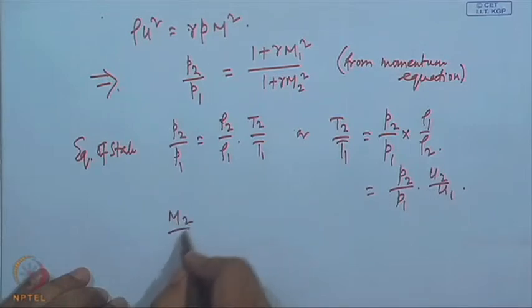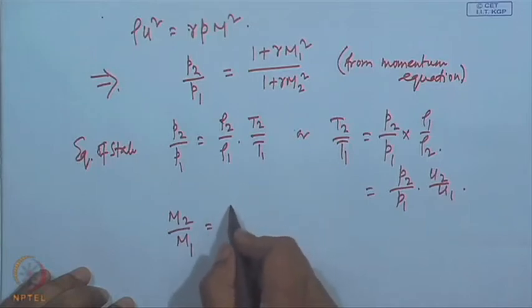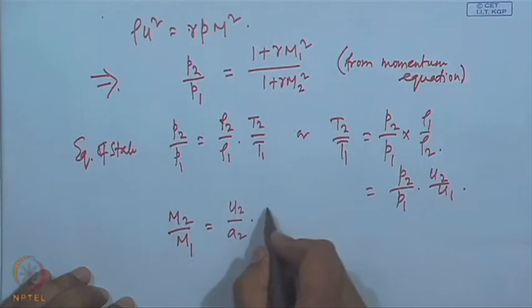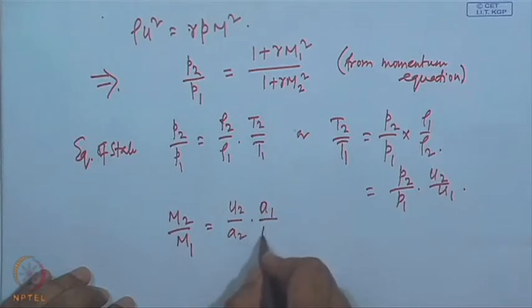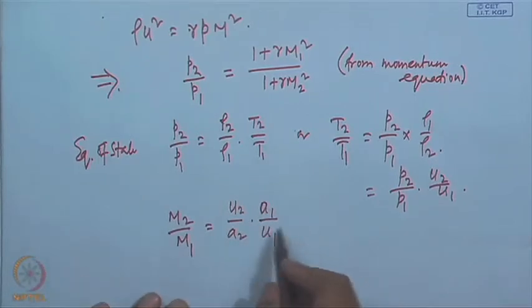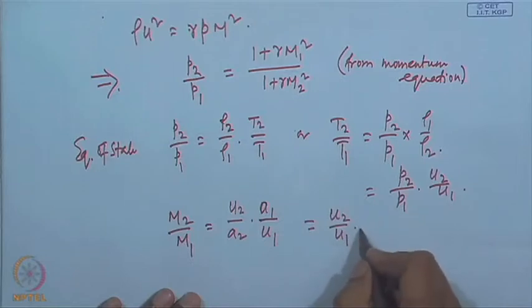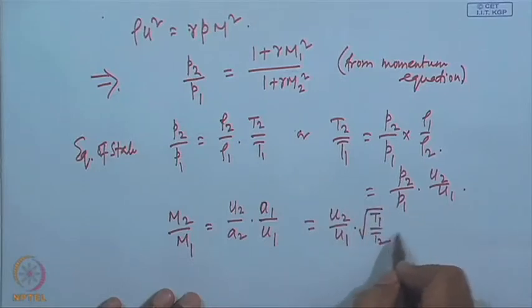We also have, from the definition of Mach number for a perfect gas and using the perfect gas relationship, this becomes M2 by M1 equal to U2 by U1 into root over T1 by T2.